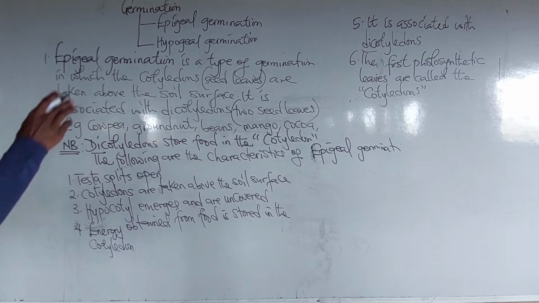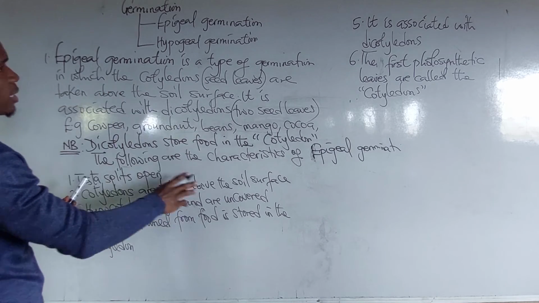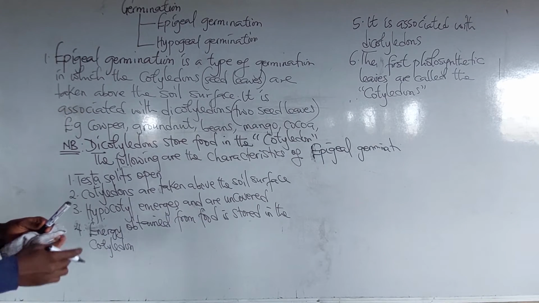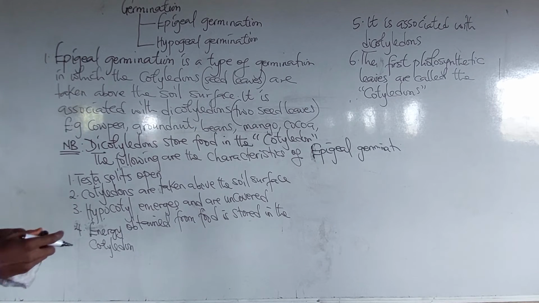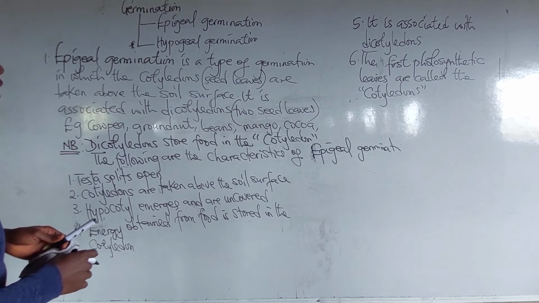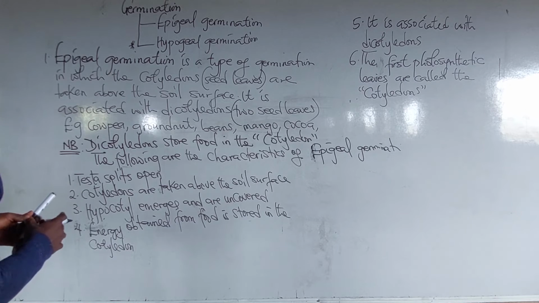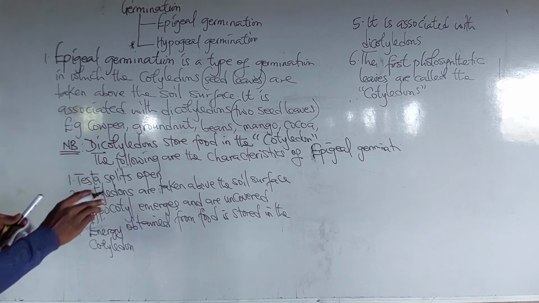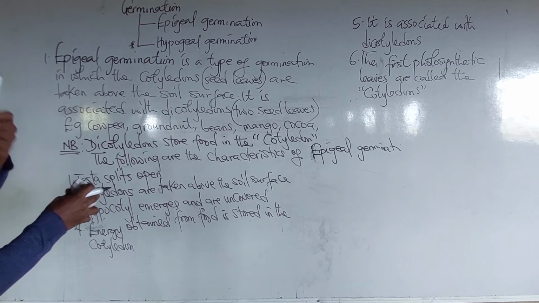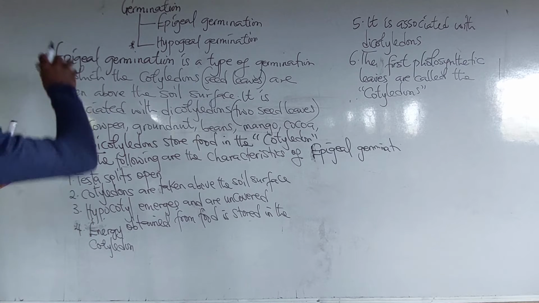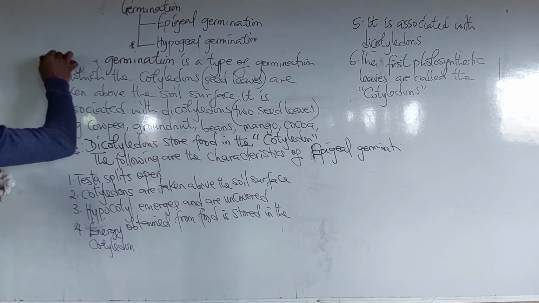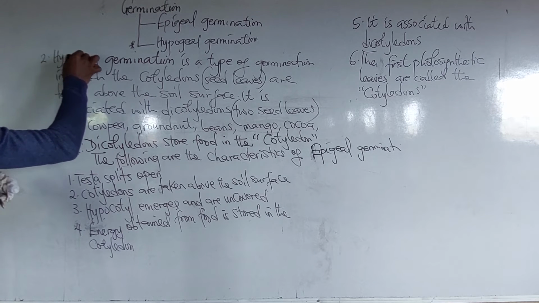Now, I've given the features of epigeal and the type of plants that exhibit epigeal germination. Now, the next one is the hypogeal germination. I'm not going to write everything again. I want to alter some things here, sorry. Now, here I write hypogeal.